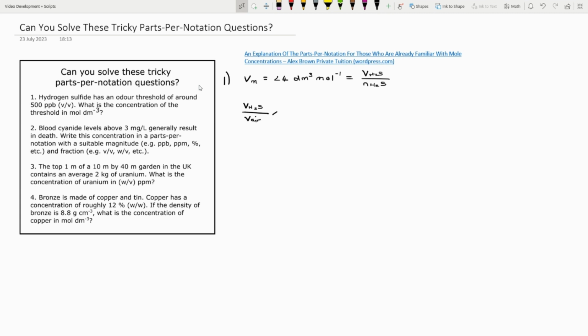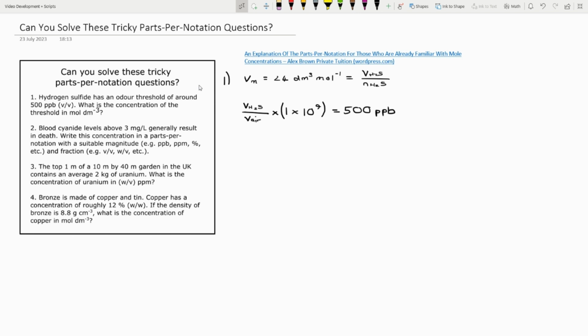This is times 1 times 10 to the 9, because 1 times 10 to the 9 is equivalent to a billion, and this will be equal to our 500 parts per billion.